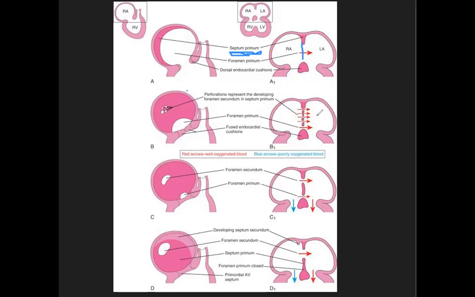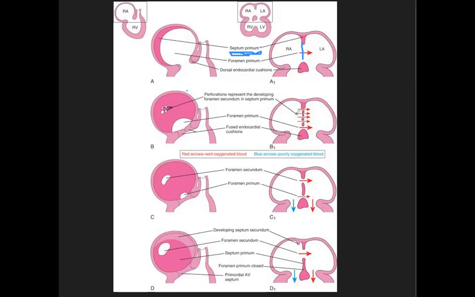These perforations represent the developing foramen secundum in septum primum. You must have read, we have a septum primum, we have a septum secundum, we have a foramen primum and a foramen secundum. So when the septum primum comes down, it will leave this little area open, which will be termed the foramen primum.